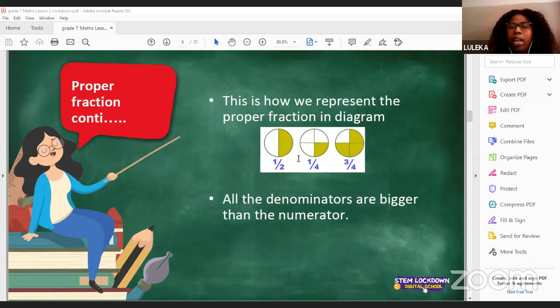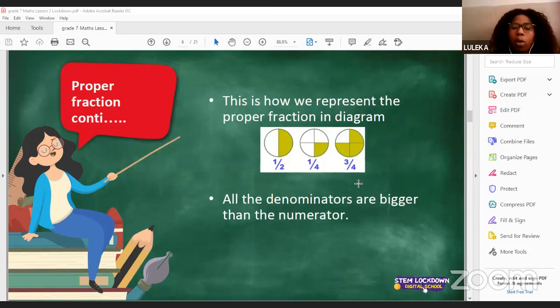The next one, our circle is cut into 4 pieces, so our denominator will be 4. That's where we get the denominator. How many times did you cut your circle? 4 times, and that 4 will be the denominator. Now we only highlighted one part, so that's why we have 1/4.